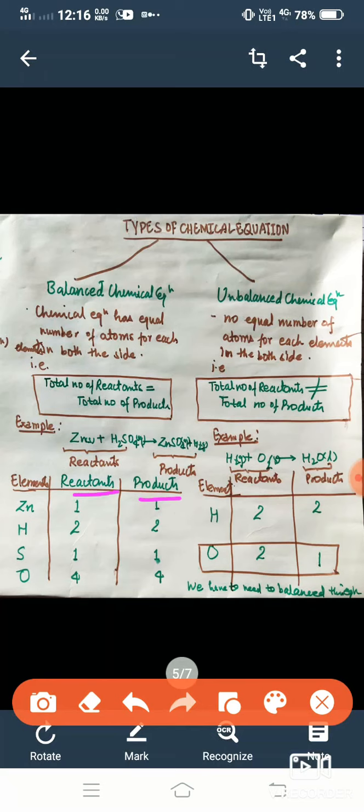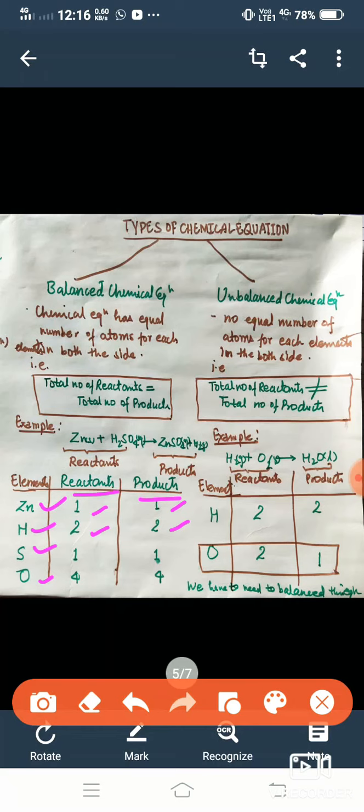So in this equation, zinc, hydrogen, sulfur and oxygen take part. The number of zinc atoms on the reactant side is 1 and on the product side is also 1. The number of hydrogen atoms on the reactant side is 2 and on the product side also 2.